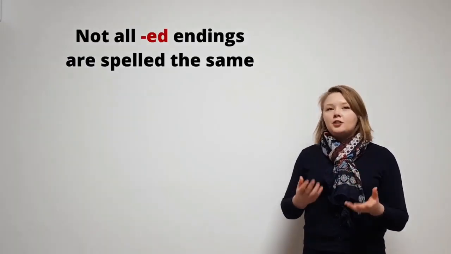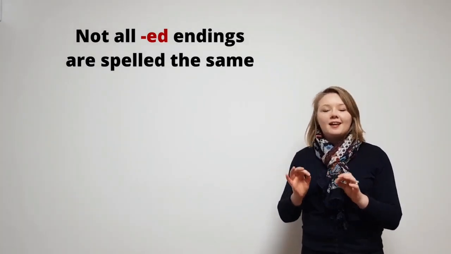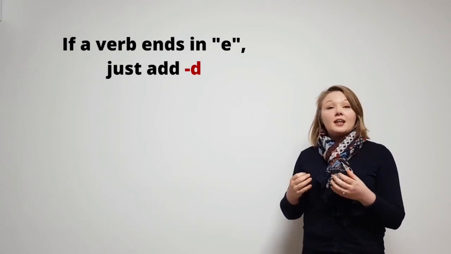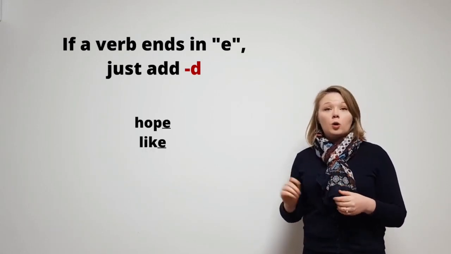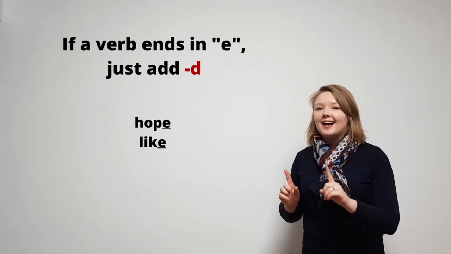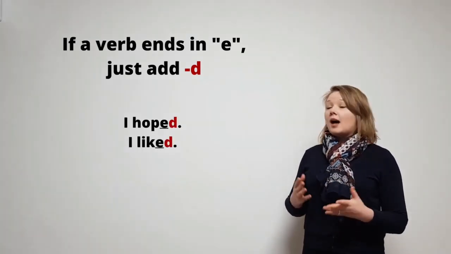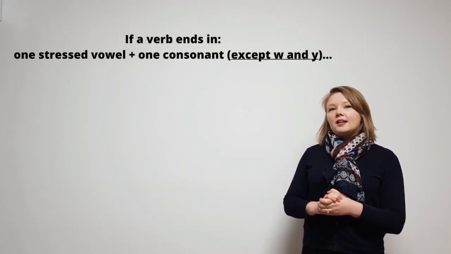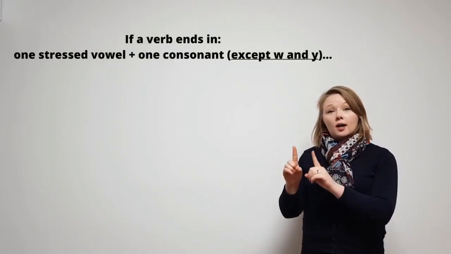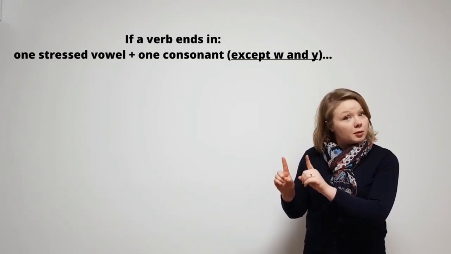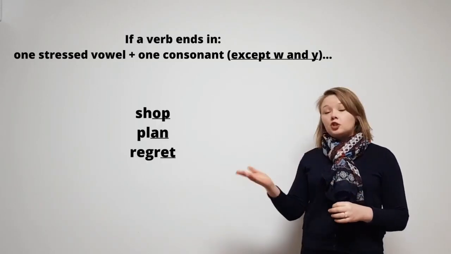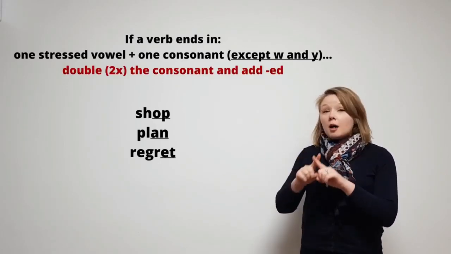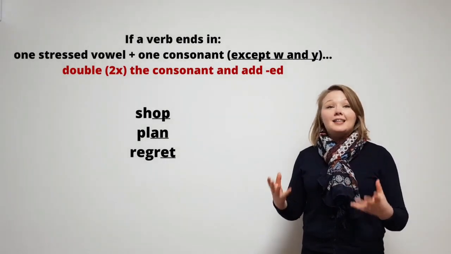There is some variation in the way we use the ed ending when spelling past tense verbs. If a verb ends in e already, like hope or like, we just add d. For example, I hoped and I liked. If a verb ends in one stressed vowel and one consonant, except w or y, like shop, plan, or regret, double the consonant and add ed.